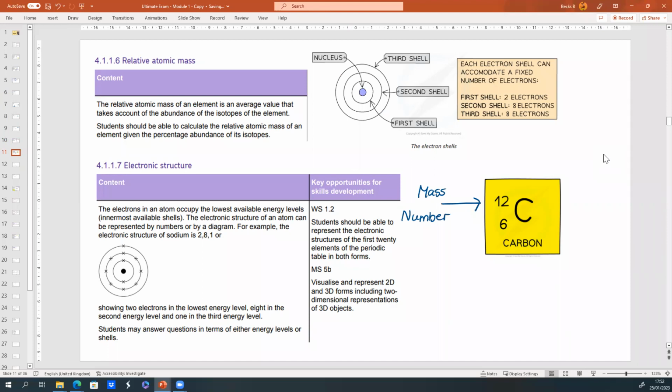The mass number is the 2 that have mass, which are protons and neutrons. And our bottom number is the atomic, in brackets, proton number. And our protons are equal to our electrons.